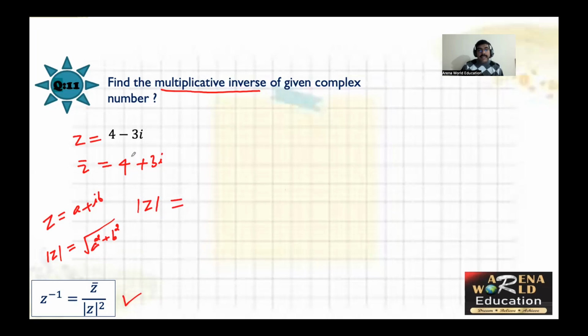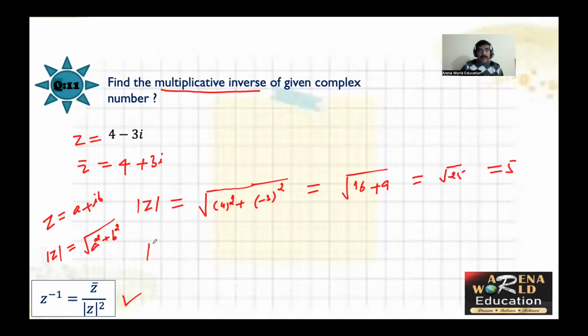Here A is 4, so this will be 4 square plus minus 3 square, right? So this will be 16 plus 9, and this is equal to root 25, which is equal to 5.